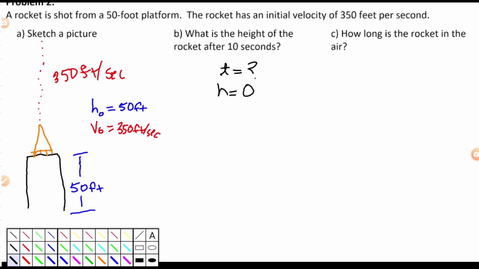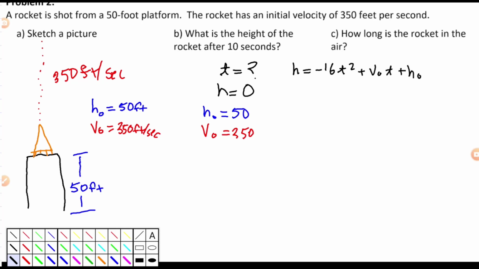And we already know two things. We know our initial height, so we already know what that is. That's right there, it's 50. And we know our initial velocity. So my initial velocity is 350 feet per second. So we already have those written down. So we're going to use those, and then we're going to see what we can do here. We're going to solve this problem. So again, let's start with my formula, negative 16 t squared plus the initial velocity times t plus the initial height.